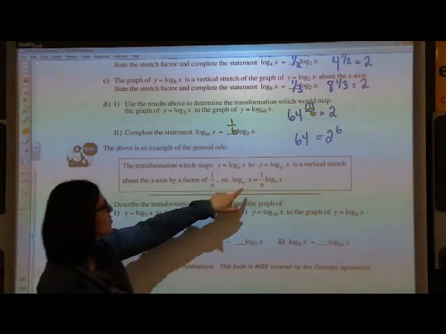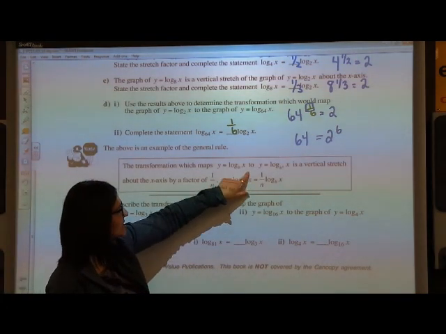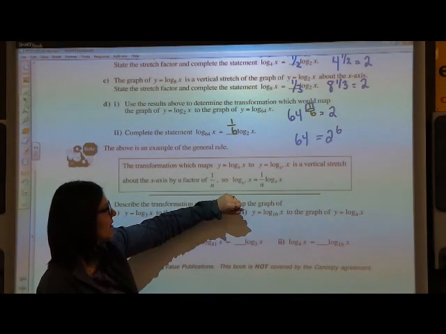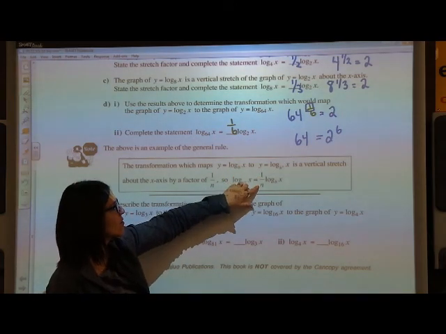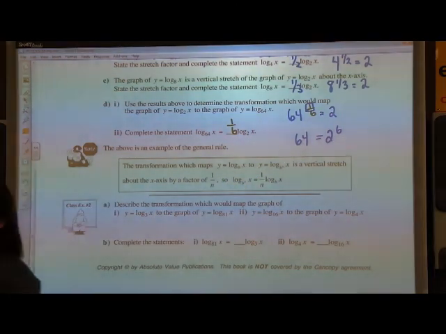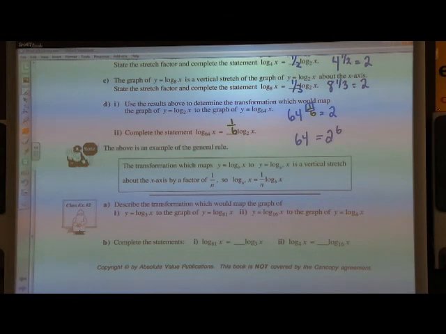Which means I could rewrite this expression, log base b to the power of n of x, as being 1 over n of the log base b, which is really wordy and doesn't make a lot of sense until you start using it in the question.